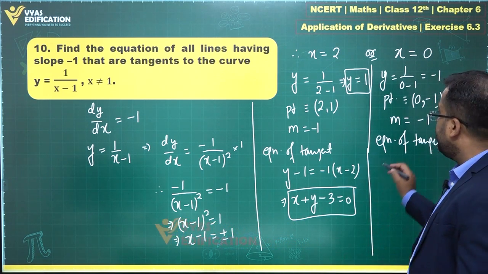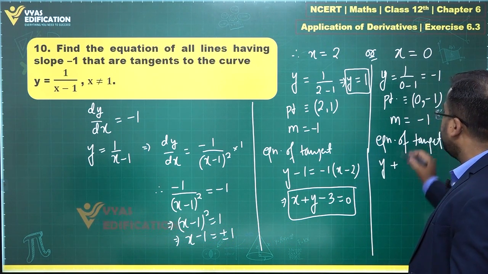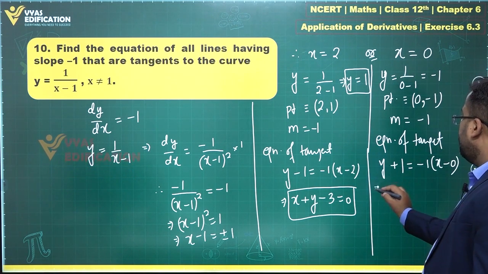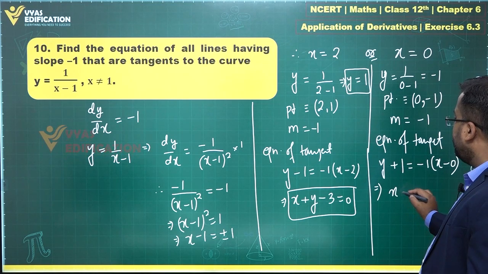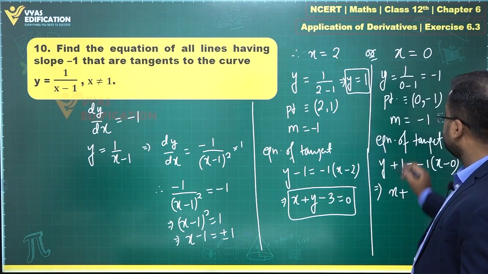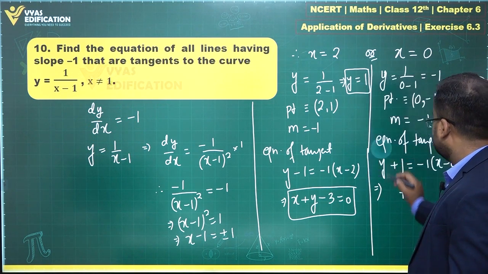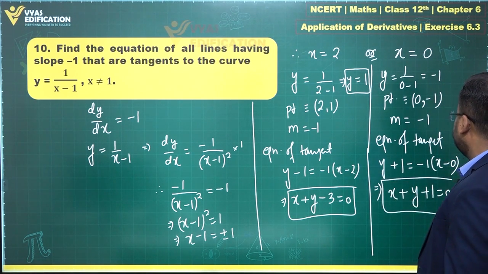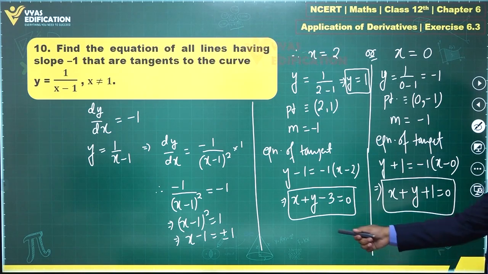The equation of the tangent will be y − (−1) equals slope −1 times (x − 0). This becomes x + y + 1 = 0. That is the equation of the required tangent over here.